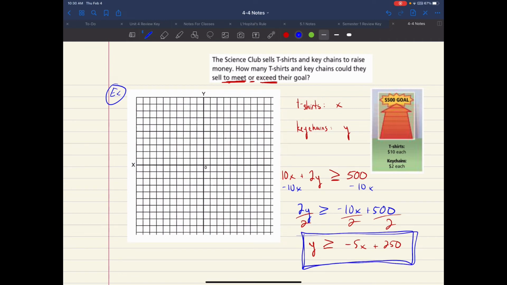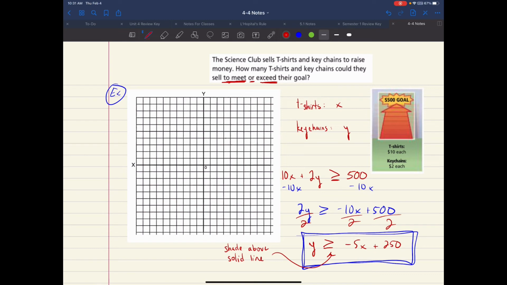Okay, and we have to do the rest of the work with this. The inequality sign says to shade above, and it's a solid line. And that's based on that greater than or equal to.